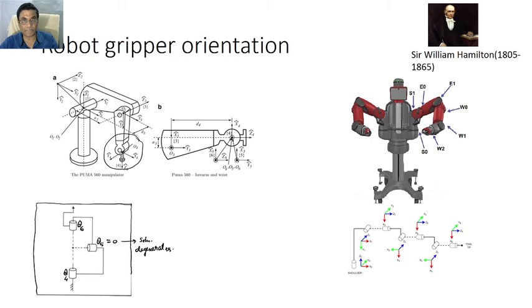This is 5, so Z5 is perpendicular to the board, so it can rotate like this, together with the housing. And then Z6 and Z4, you see, are parallel, this is Z4 and this is Z6, okay.